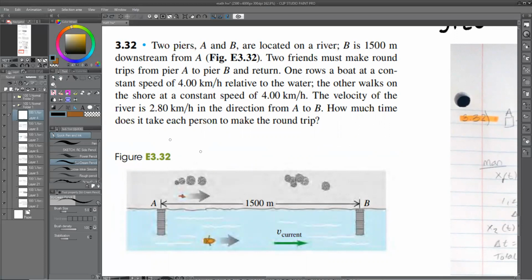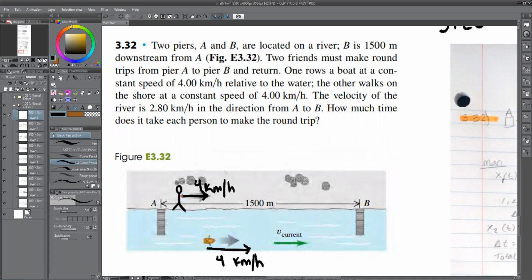So one of them rows a boat at a constant speed of 4 kilometers per hour relative to the water. So this boat is 4 kilometers per hour. And the other is walking on shore. Let's pretend that there's a guy right here, and his speed is 4 kilometers per hour as well.